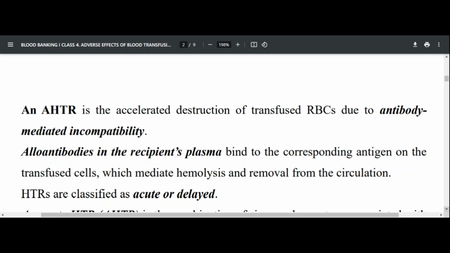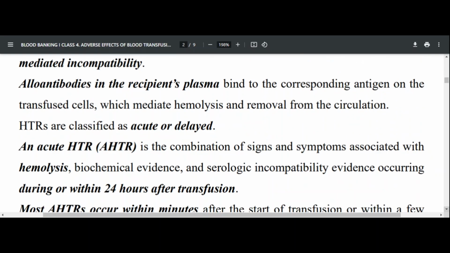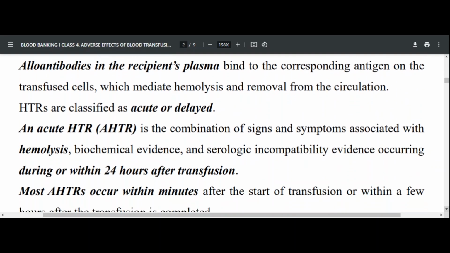So we can classify hemolytic transfusion reaction as acute or delayed, where the acute hemolytic transfusion reaction is the combination of signs and symptoms associated with hemolysis, biochemical evidence as well as serological incompatibility evidence. Serological incompatibility means, for example, the direct antiglobulin test is positive.